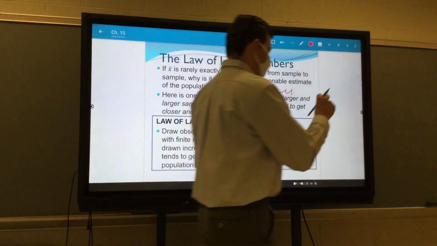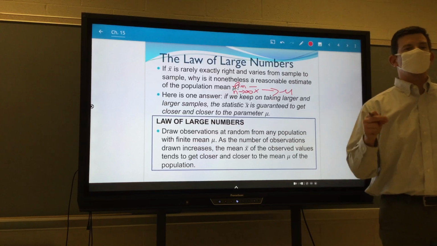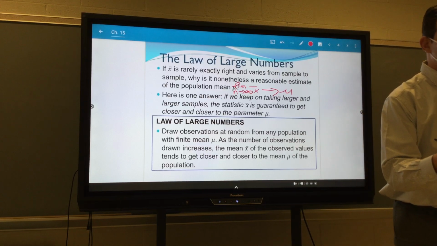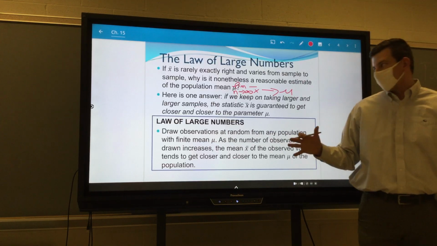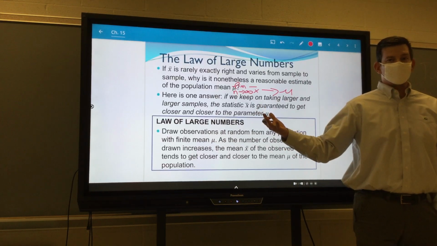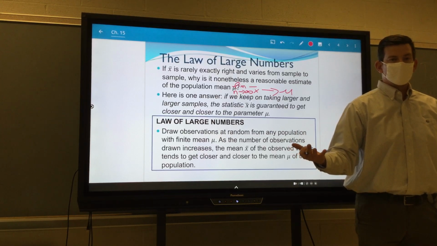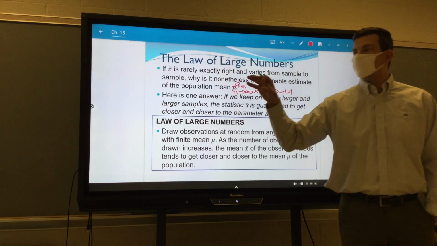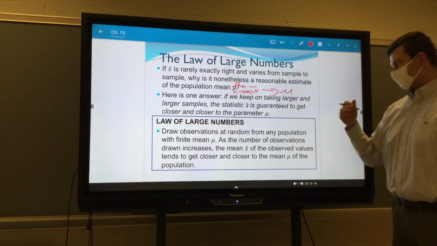As that happens, that X bar is getting closer and closer to that population mean. If you don't know anything about calculus, that's fine. But what this is saying is that the bigger the sample size, the better that sample mean represents the population.